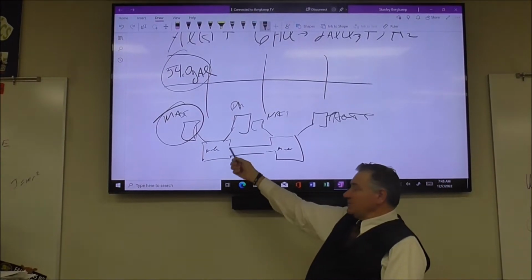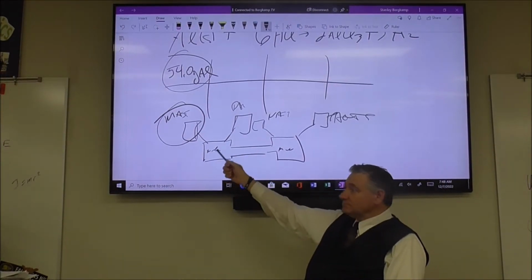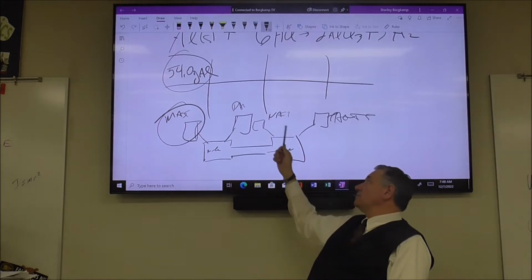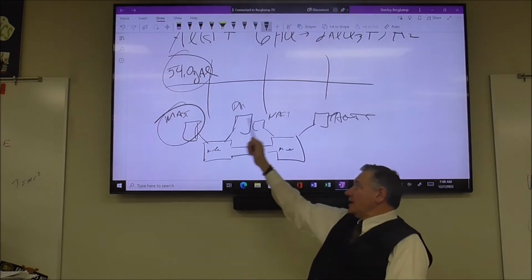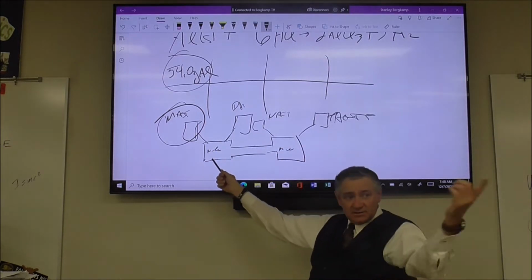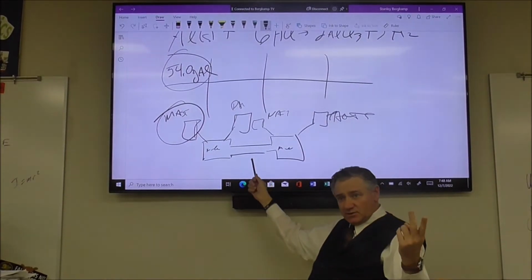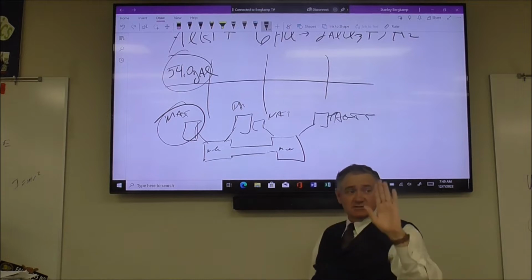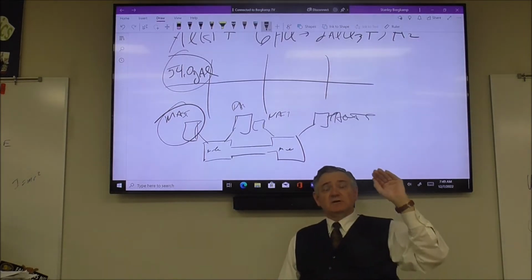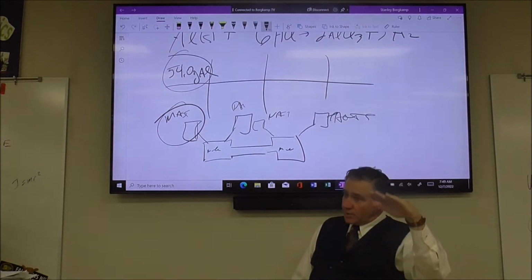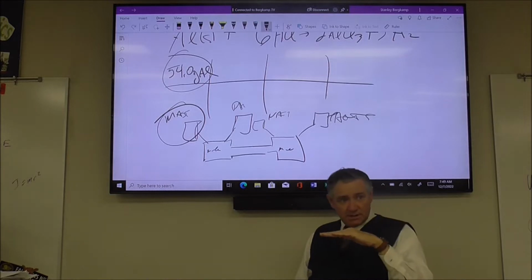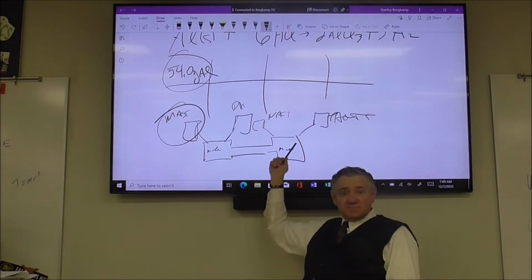But then that's going to get me into moles of aluminum, and then I want to go from moles of aluminum into something else. When I do this conversion, I look at the periodic table. When I do this conversion, I look at the coefficients. That's it. So if you're a visual person, and you like, hey, where am I at, and where am I going to end up, let this be your guide.